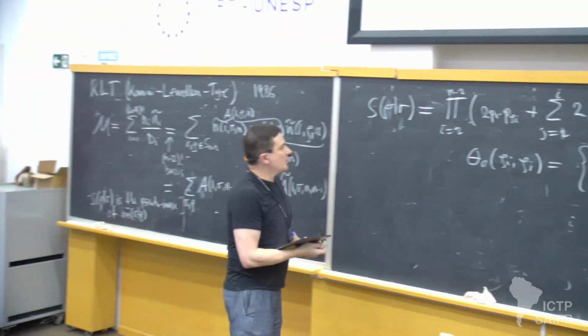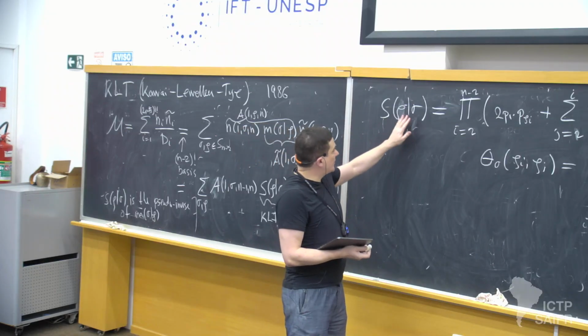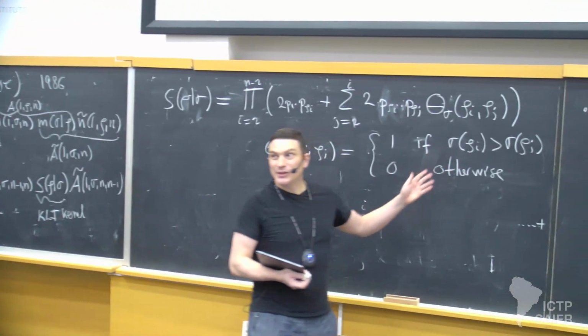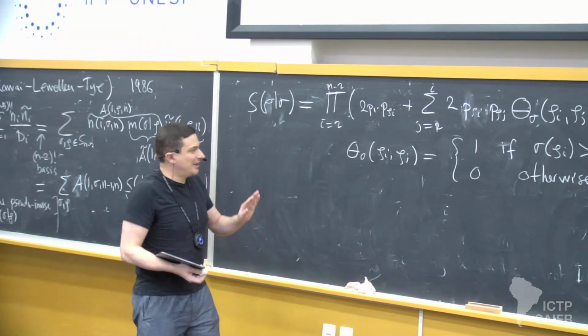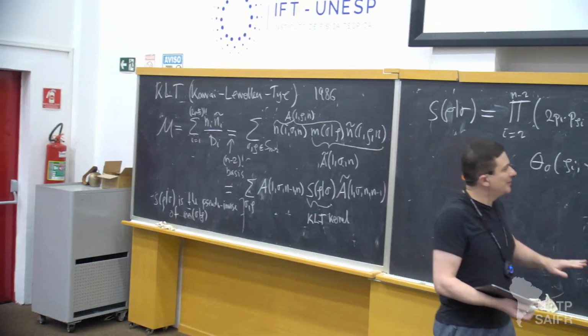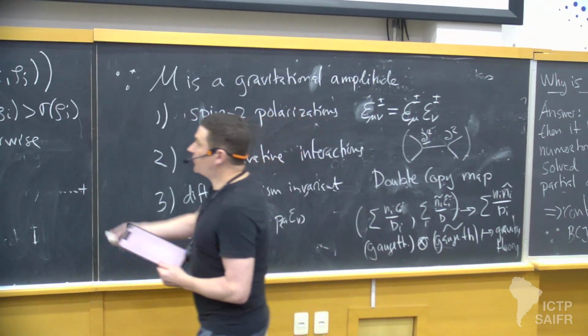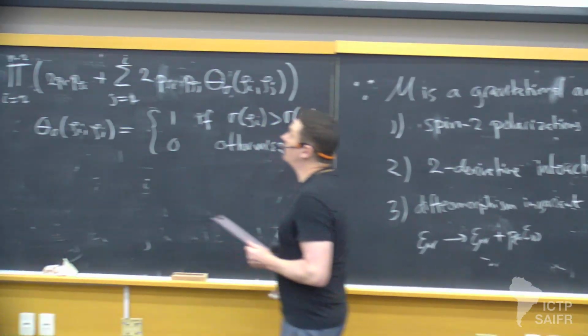So essentially, it just compares the orderings, like if you have two different orderings, sigma and rho, it compares which one comes before the other one. Roughly, that's what it's doing. But it's a relatively simple formula.